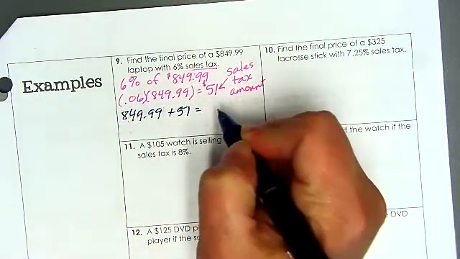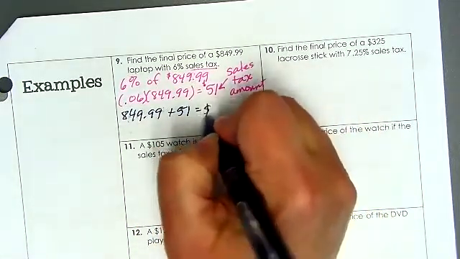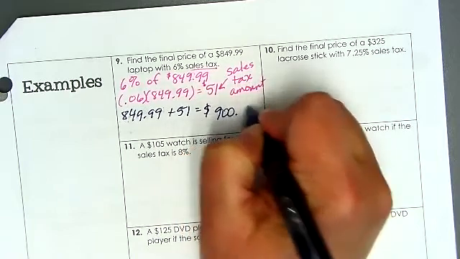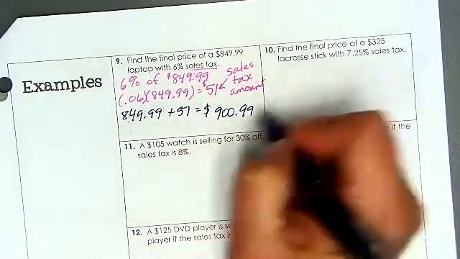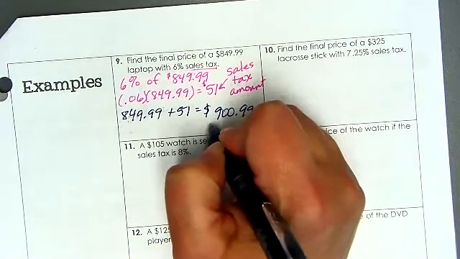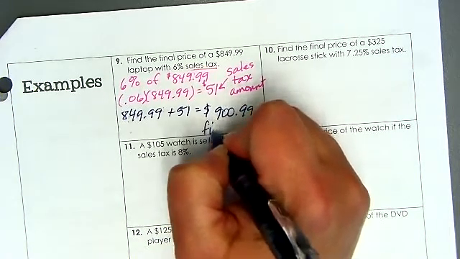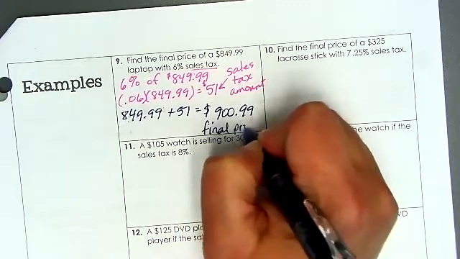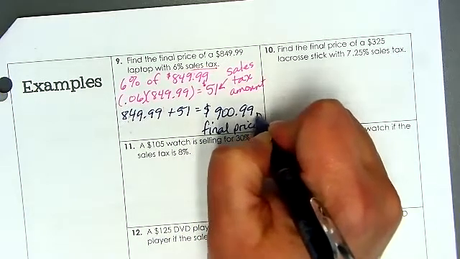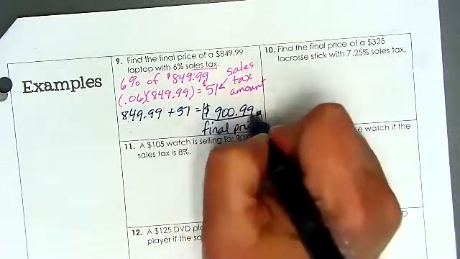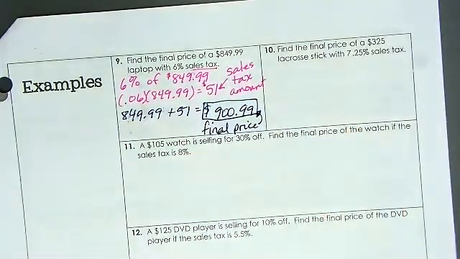And when we add this together, we get $900.99. This is the final price. Yes, you do have to add the dollar sign because that's what I'm talking about here. Okay, let's go down and we're going to work one more, our last problem.